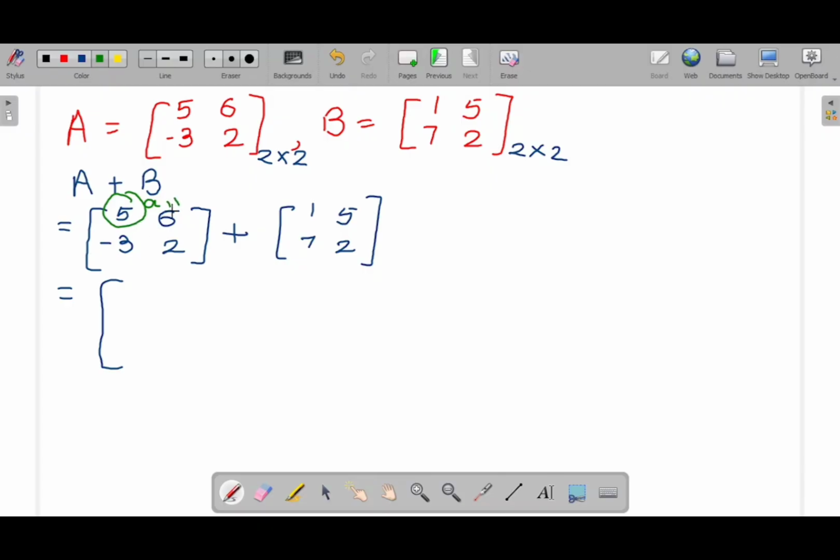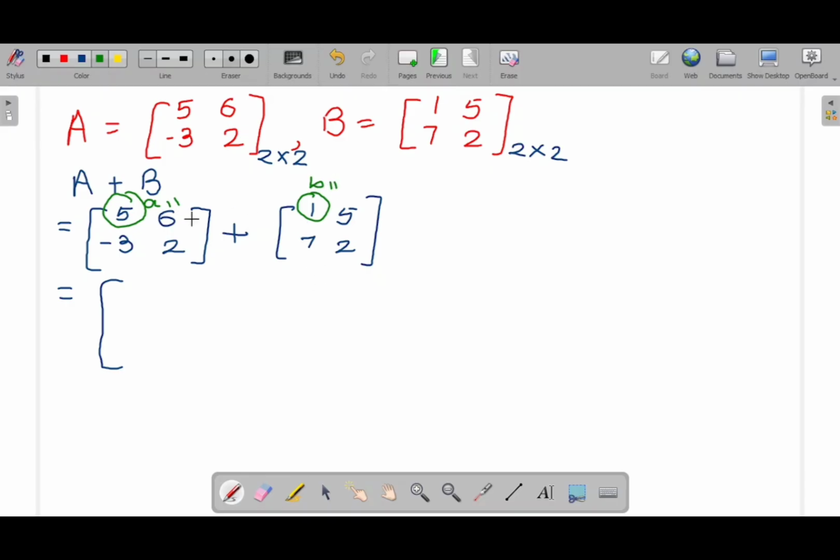What does 11 mean? It means the position of this 5 is in the first row and first column. Similarly, can you tell me what will be the first row, first column element in matrix B? Yes, you are right, it is 1, because this is called B11.